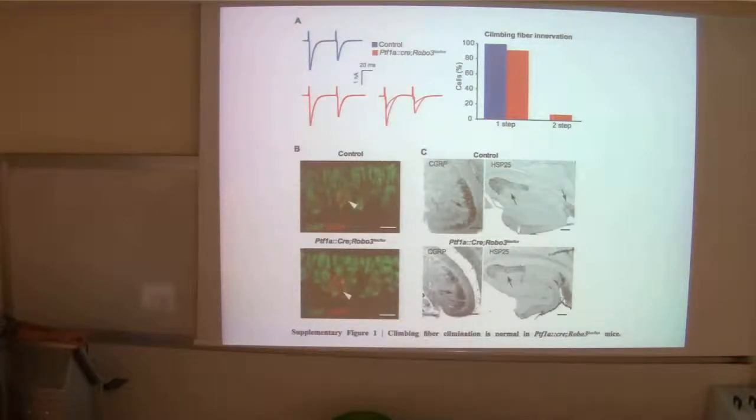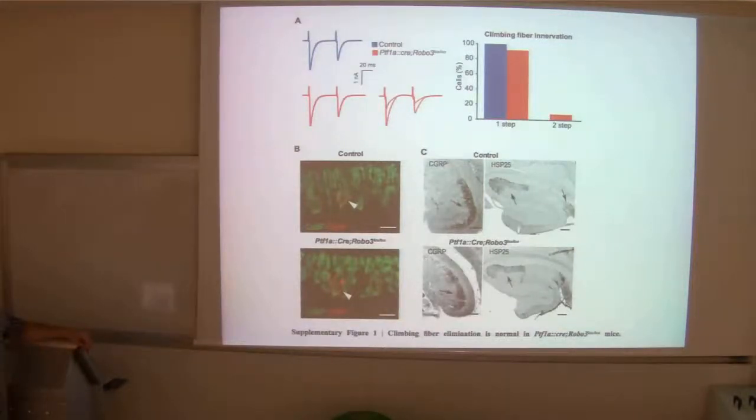How many Purkinje cells are there per climbing fiber? Just one? No. I don't remember how many, but there are more than one. I think it's in the tens or something. They organize in a very interesting way, where the climbing fiber is branching out and innervating many Purkinje cells.